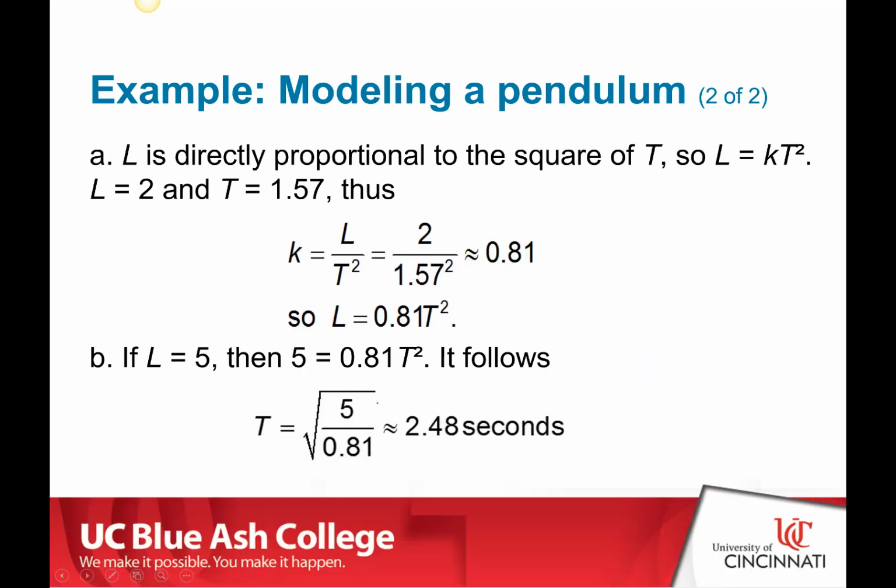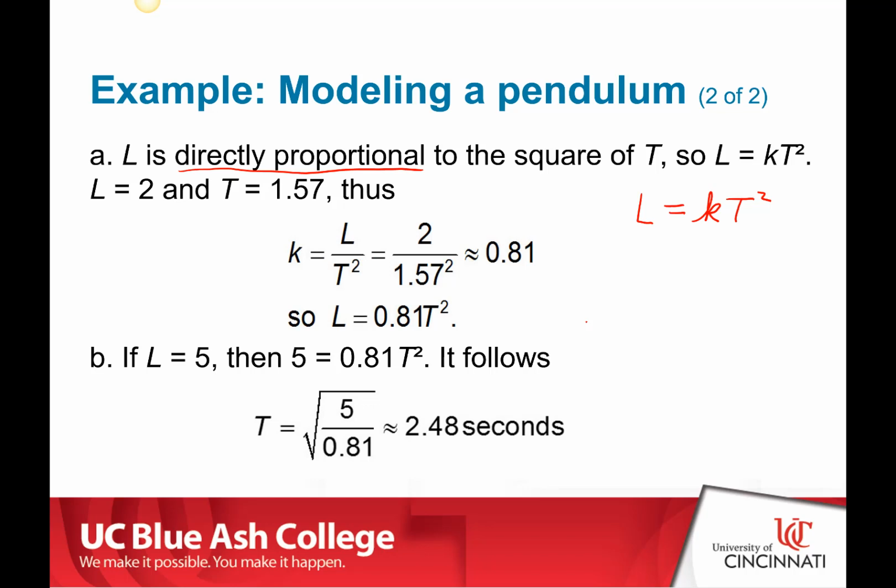Now, if it is directly proportional, the length is proportional to the square of the period. Say what? The length is proportional means you have to adjust it by multiplying by some number, k, to the period squared. The length is proportional to the period squared. So you start out with that formula.